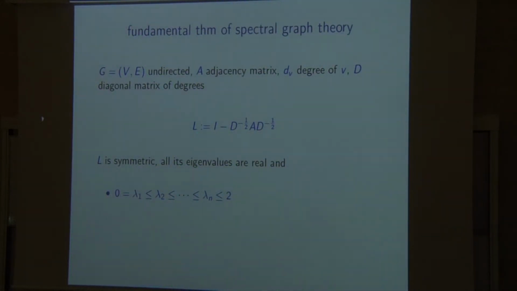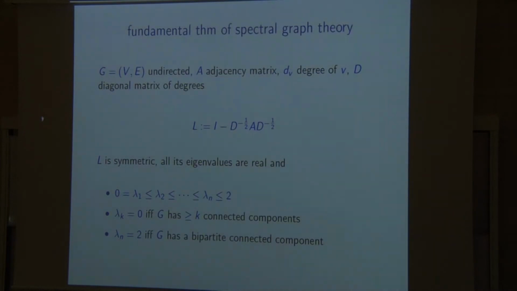And so here are the first non-trivial but already very interesting connections between eigenvalues and combinatorial properties. The smallest eigenvalue of this matrix is always 0, but it could be repeated. And it turns out that it's repeated exactly as many times as the number of connected components of the graph. So something that is really purely combinatorial, whether the graph is connected or if not, how many connected components it has, shows up as the number of times that 0 is an eigenvalue of this matrix.